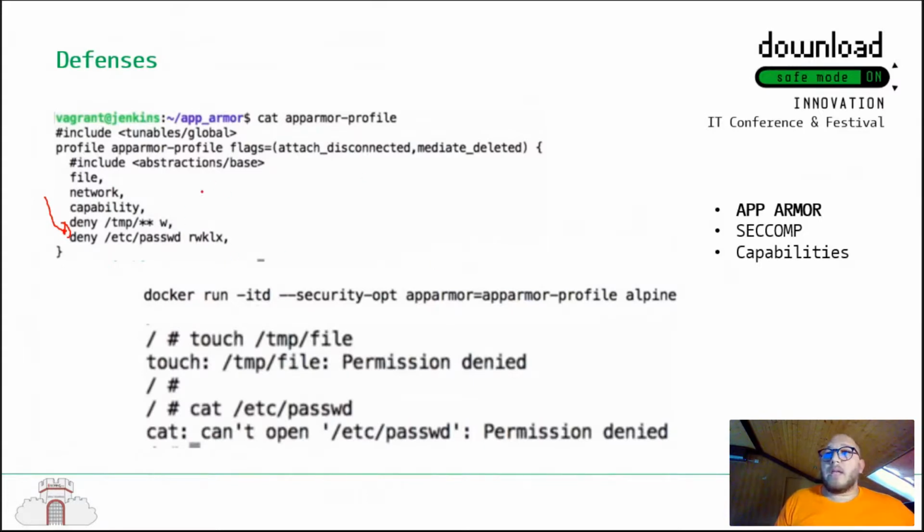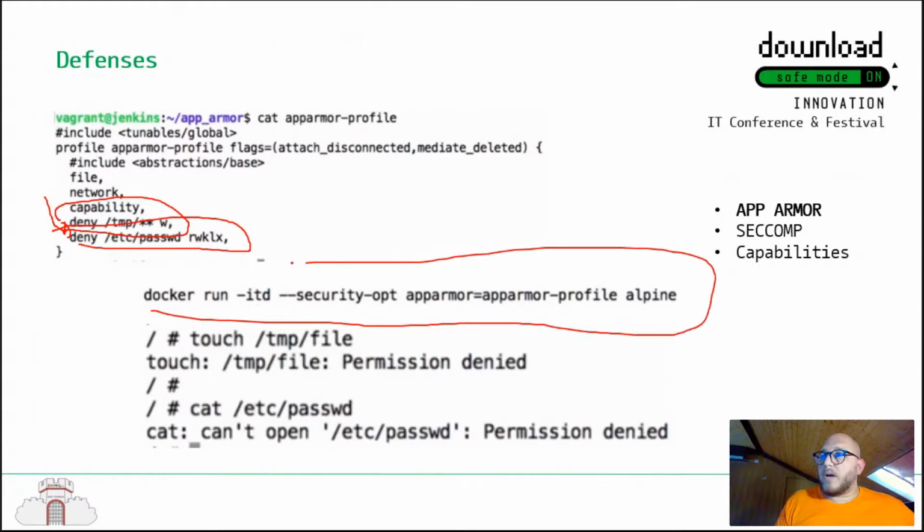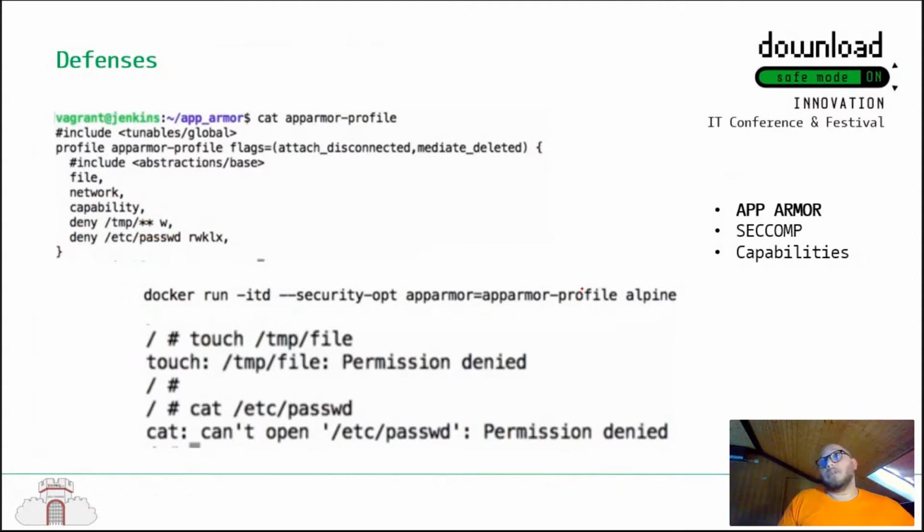In this profile right here, we have denied access to the TMP folder and the etc password file. So we can run our container right here, and if we try to do anything to those locations, we'll see that we don't have permission. So you just have to build a profile, and it'll work.